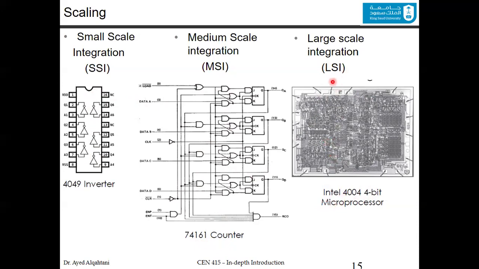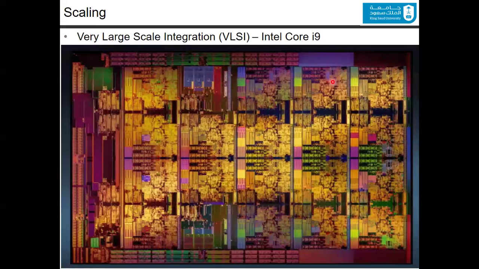For the VLSI, or maybe even more than VLSI, this is an Intel Core i9 example. And you can see here, if you look, 1, 2, 3, 4, 5, 6, 7, 8, 9, 10 cores, and there are multiple other subsystems at the edges that have specific jobs to make the cores work and give you the performance that you are seeking.